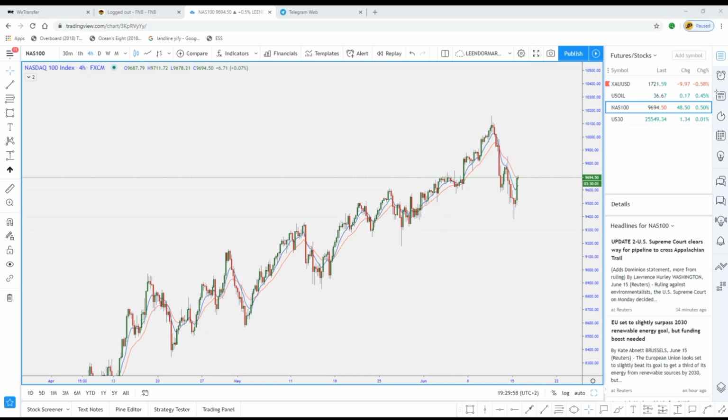Let's look at NAS 100. I know a lot of people love trading NAS. NAS is a bit difficult to trade, but we'll try our best and help you understand it. I have been trading NAS full time for 6 months or so, but obviously paused a little bit now in this season.